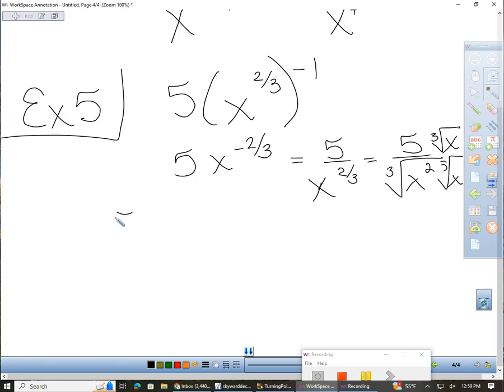So on the top I get 5 cube root of x over x. Now, how did this problem start? With 5 parentheses x to the 2 thirds. Right, there was no radicals, it was fractional exponents, right? Okay, so that's how I'm going to finish it. This is 5 cube root of x over x.